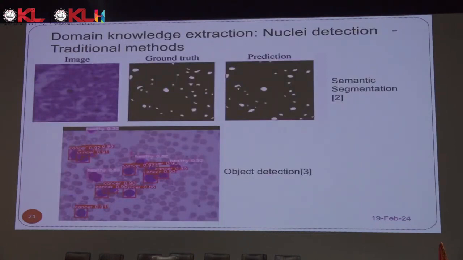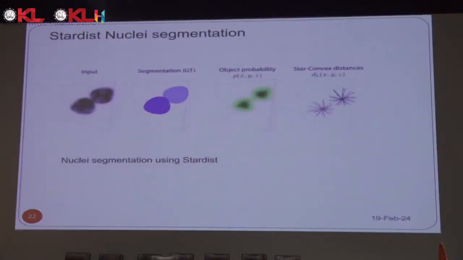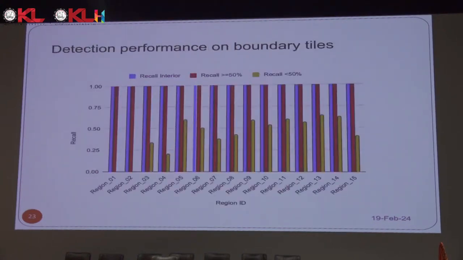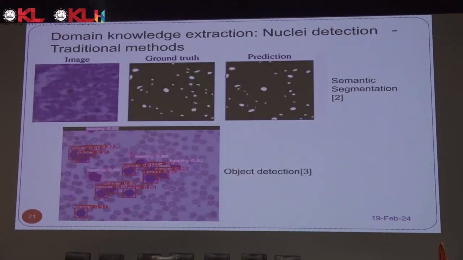For domain knowledge extraction and nuclei detection, the classical approaches are semantic segmentation and object detection, and as we all know, these do not work. We tried them, and they do not work. Object detection is not able to detect overlapping objects.